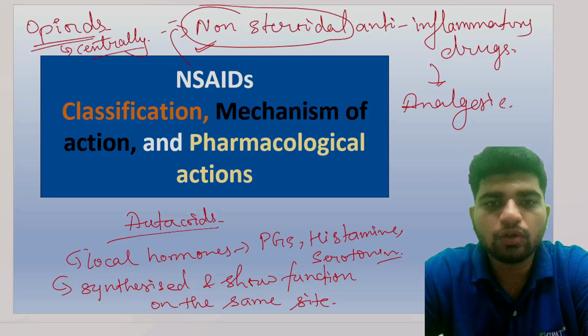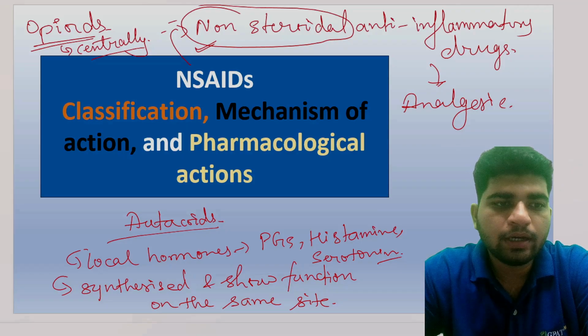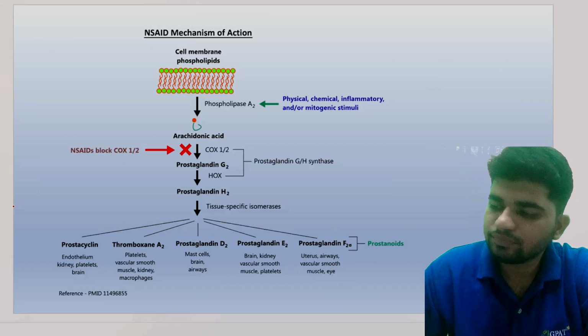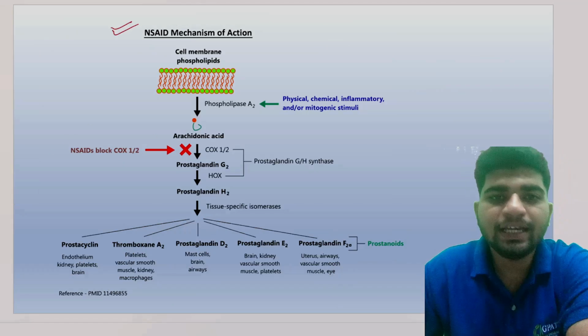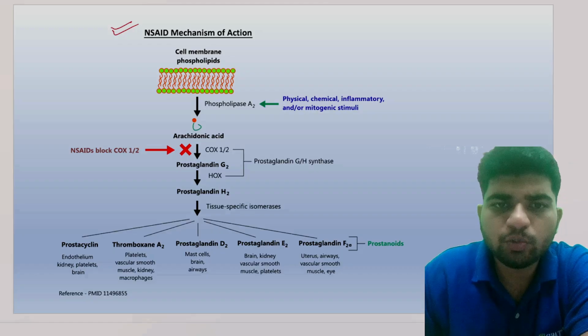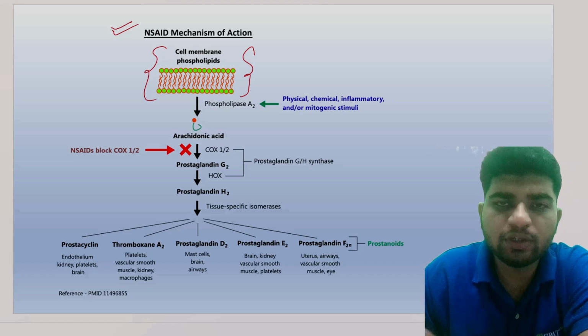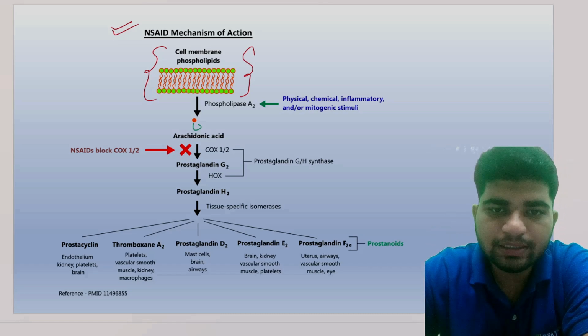Let's move on to the first topic that would be beneficial for you, the NSAIDs mechanism of action. What generally happens? We have cell membrane phospholipids, because we have cells and they have a cell membrane, isn't it?